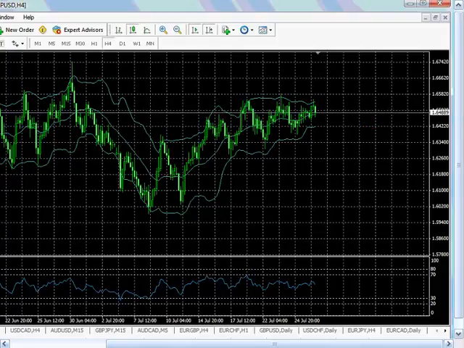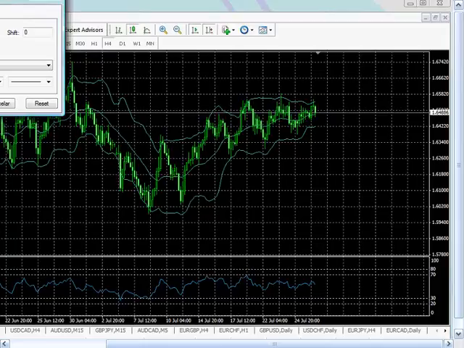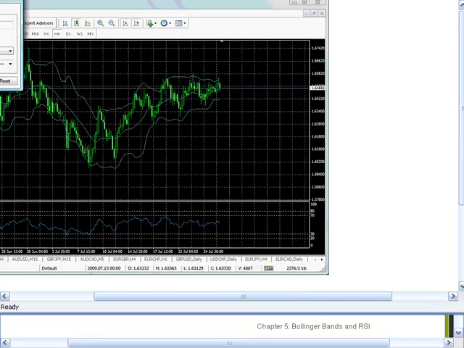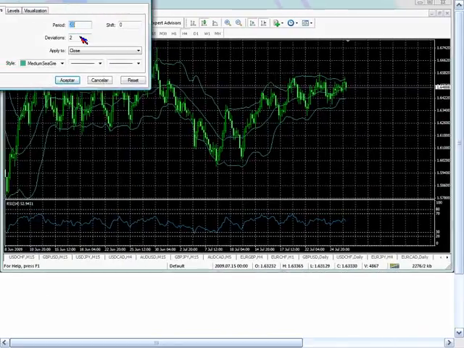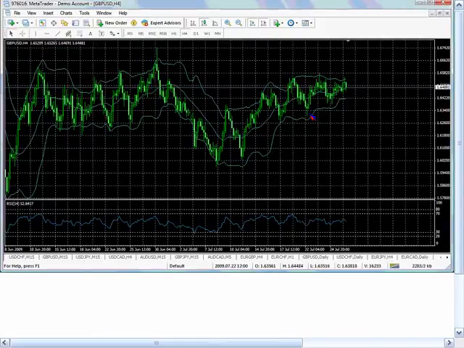If you take a look, here you have the deviations, 2. Also, we can change this deviation to 1, 1.5, or so, but the standard setting, 20 and 2, is accurate to trade in 4-hour charts, so we are going to leave the ones where they are, right?